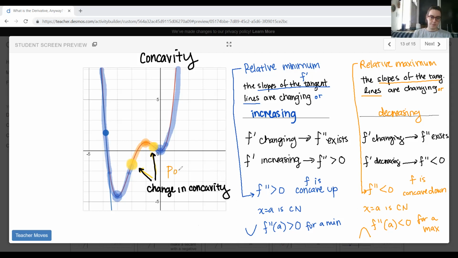So point of inflection. It's just where the concavity changes. So that means it's in between up and down, right? It means the second derivative is between negative and positive, or in between positive and negative.